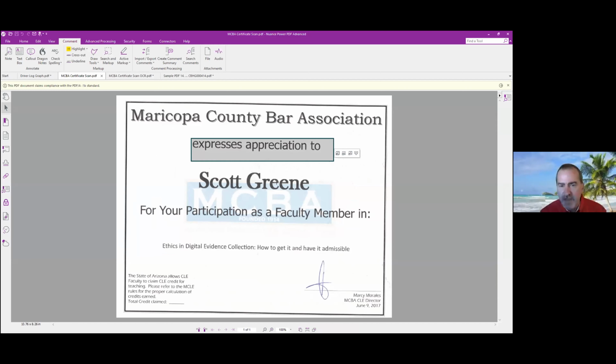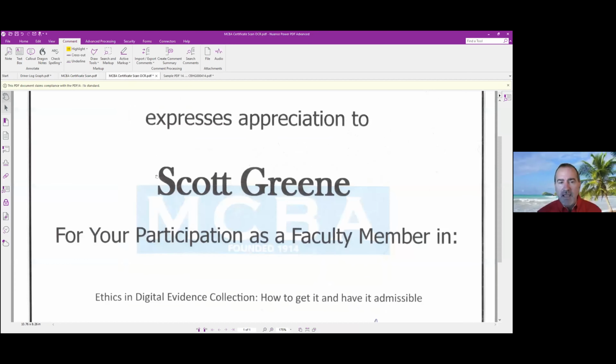It's not text. I can't select Scott Greene in here. But if I go to the one that has been OCR'd, I can do that. Again, go back to the pointer and come up to here, and notice that the mouse pointer changed, and now I can copy Scott Greene right from that.